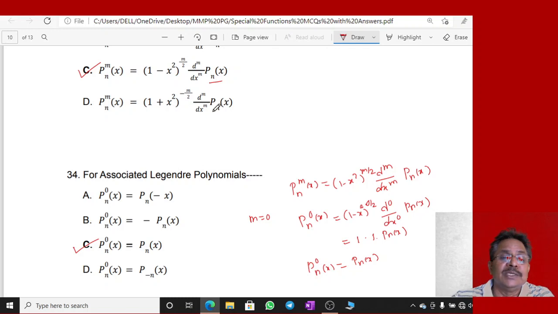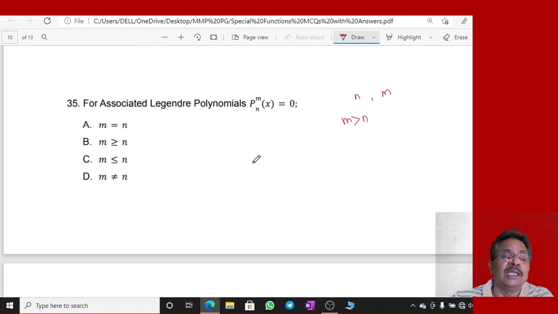Now if I am getting this mth differentiation of Pn of x, provided m is more than n, then this particular equation becomes simply 0, and therefore Pnm of x is simply equal to 0 provided m is greater than n, and therefore the correct option of this particular question is option B.